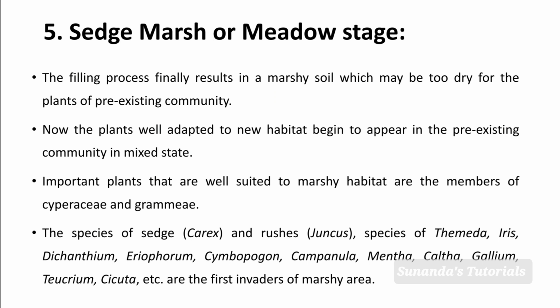Then sedge marsh or sedge meadow stage. The filling process finally results in marshy soil. See, at first the phytoplanktons appeared in the aquatic ecosystem. Then after the death and decay of these phytoplanktons, their remains get deposited in the bottom of the aquatic ecosystem. Finally, submerged plants appear.